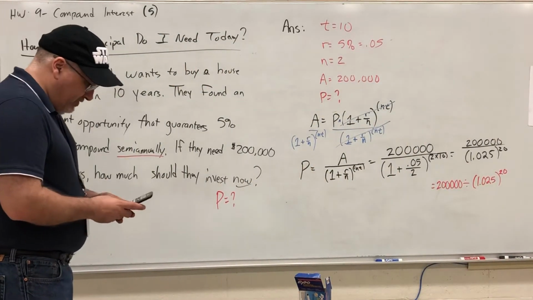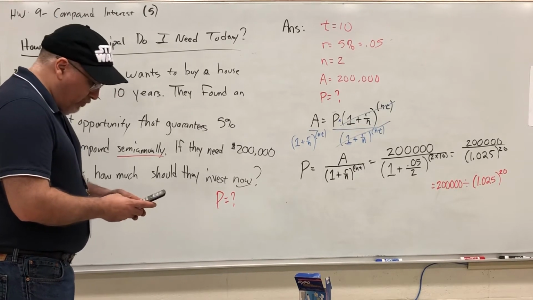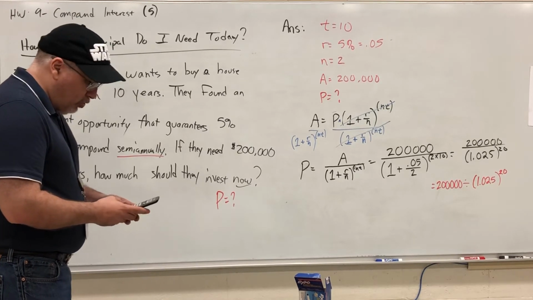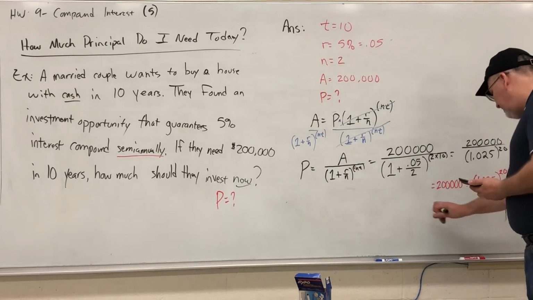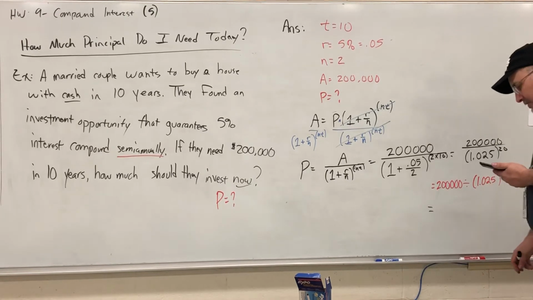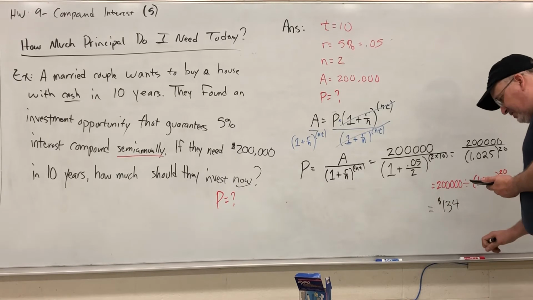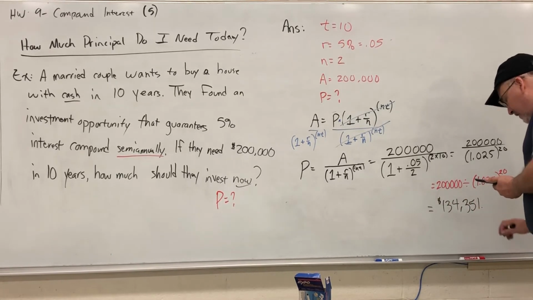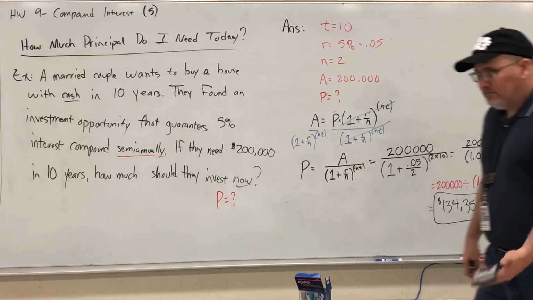So 200,000 divided by, parentheses, 1.025, close parentheses, exponent 20. Oh, that's all they need. Gee, we want a $200,000 house later. How much do we need now? The answer, $134,351.45. That's all.